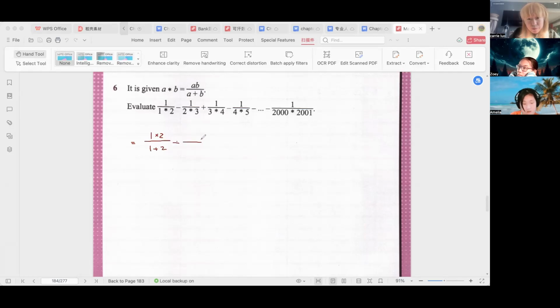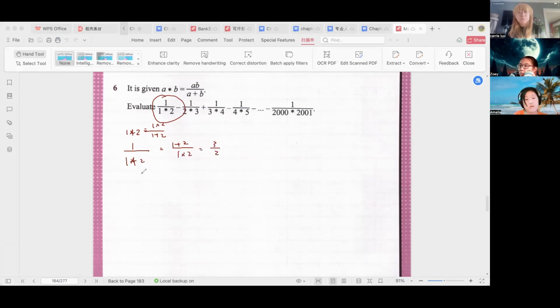So minus, sorry, it's 1 over. 1 star 2 equals 1 times 2 over 1 plus 2, but it is 1 over 1 star 2, so it should be 1 plus 2 over 1 times 2, which is 3 over 2.